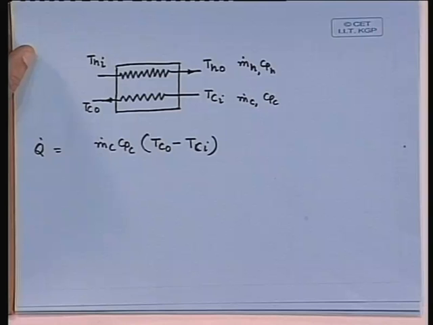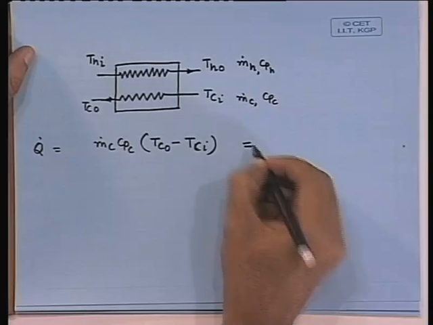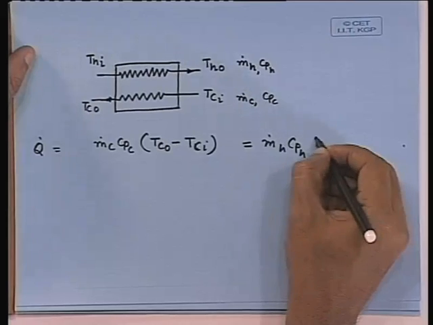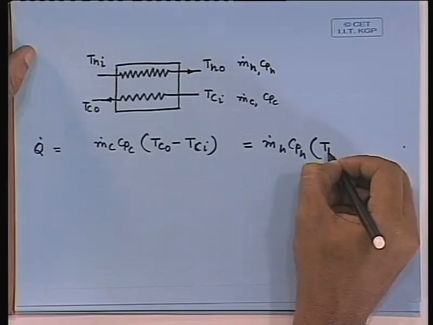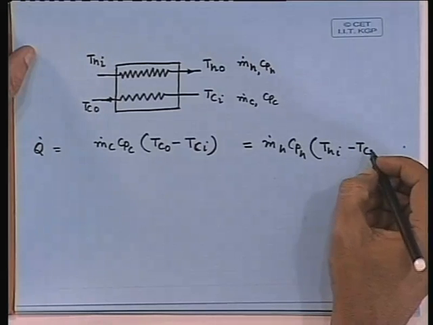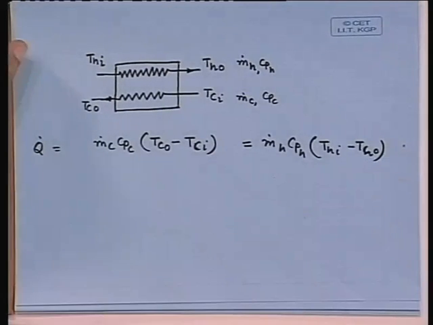This is the rate of heat transfer, and this will be identical to m dot h Cph into Thi minus Tho. So, this will be the heat exchange by the hot fluid.